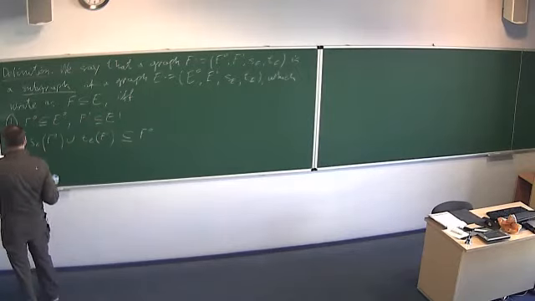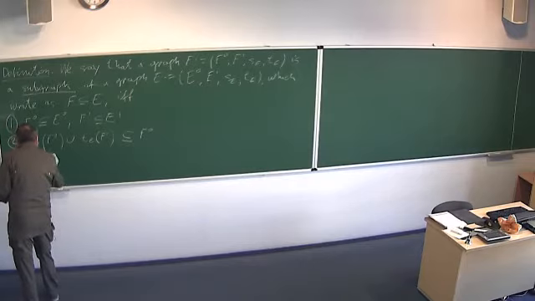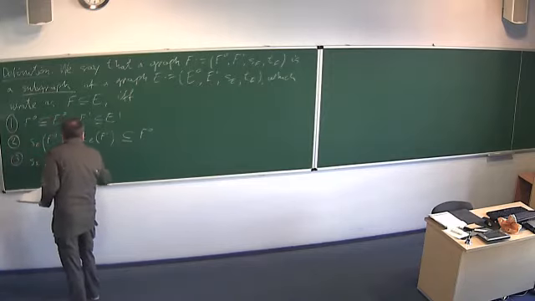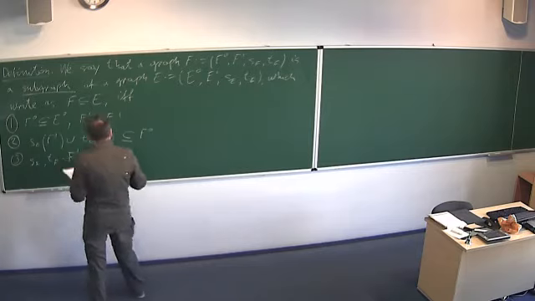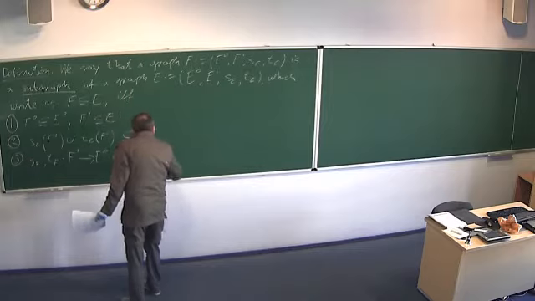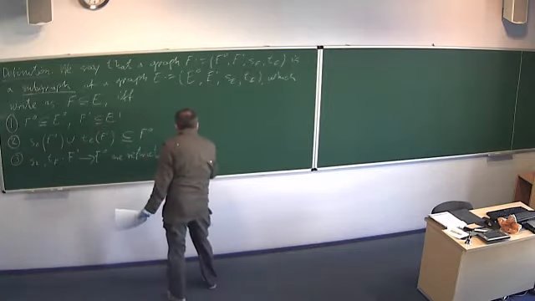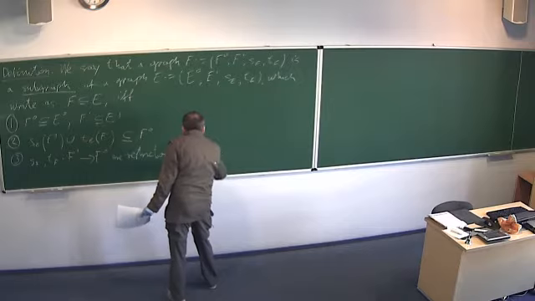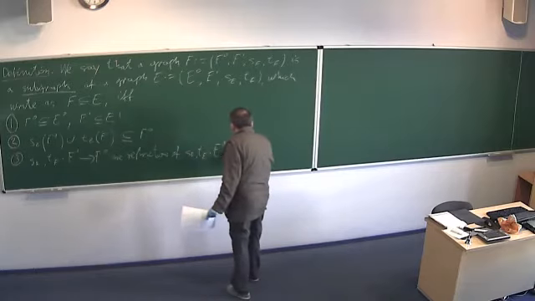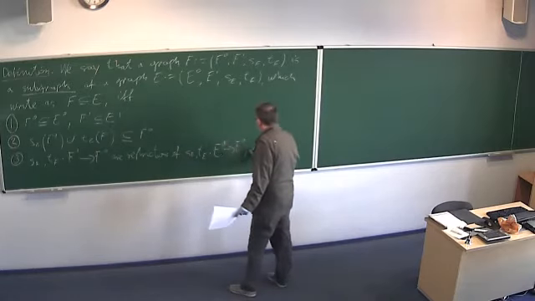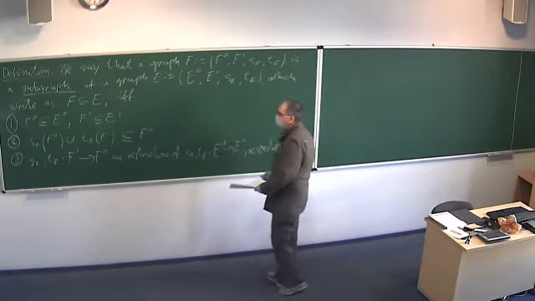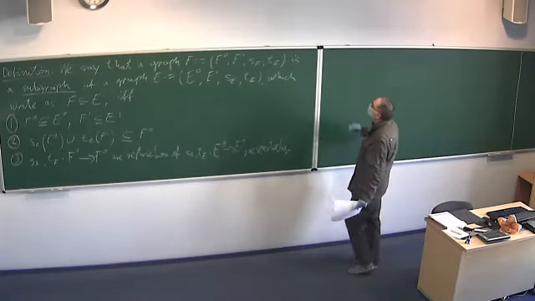By definition, SF and TF, which of course are defined as maps from F1 to F0, are restrictions of SE and TE, which go from E1 to E0 respectively. So this is a pretty obvious definition.